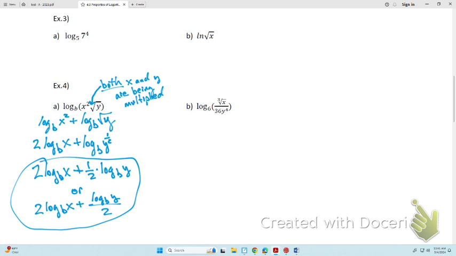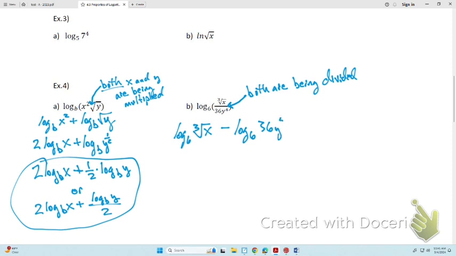All right, part B, pretty involved. They are both being divided. There's an argument to be made that you could mess with the denominator first, but that gets really confusing. I would deal with the dividing first. So I would write log 6 cube root of x minus log 6 36y to the 4th. Now be really careful on the next line.